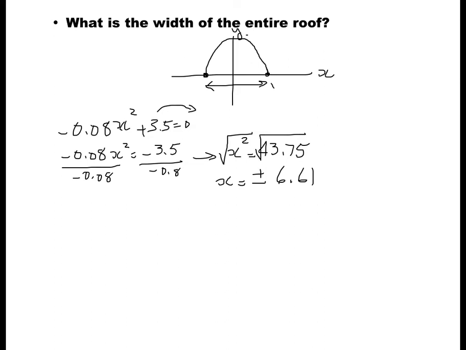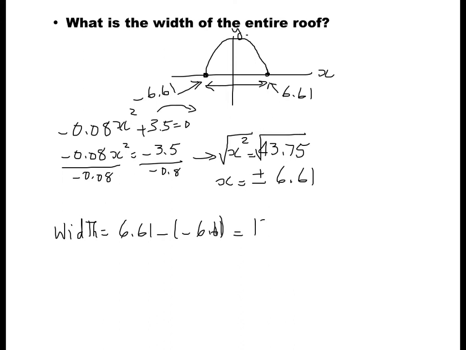This means that this point is 6.61 and this point is negative 6.61. It is obvious to find the width, so we say the width is equal to 6.61 minus negative 6.61, which is 6.61 plus 6.61, which is going to be 13.22 meters.